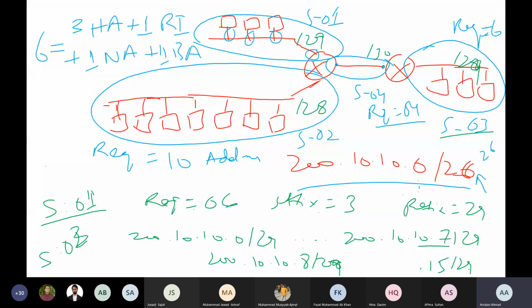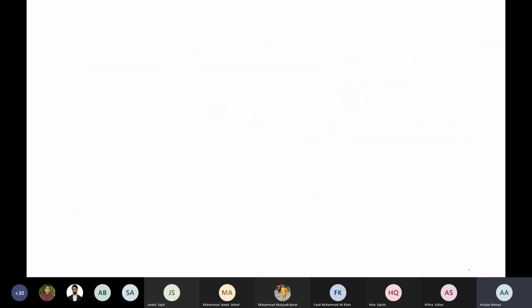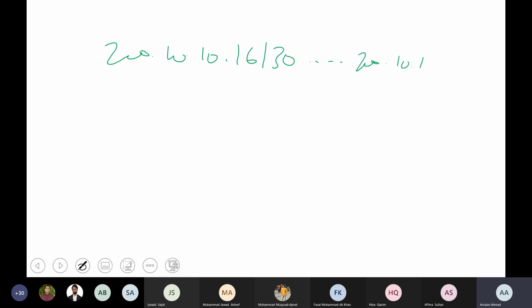So for instance, let's say after dot 15 you address subnet 4, and then you say 200.10.10.16/30. This is for the point-to-point router network, up until 200.10.10.19/30.